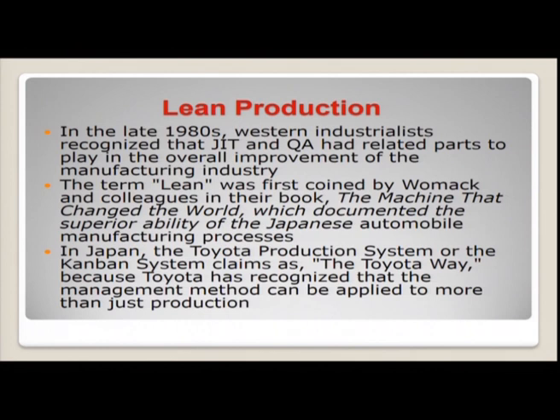They have named it the Toyota Way, because Toyota recognized that the management method can be applied to more than just production. The management is applied not only for production, but for more than that. This speaks about lean production.